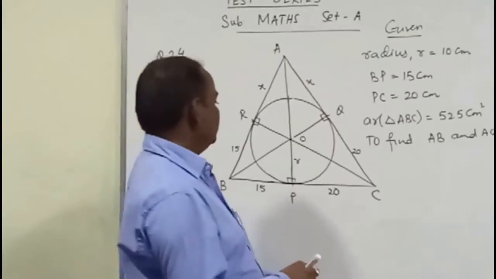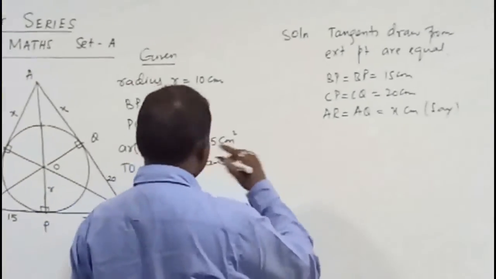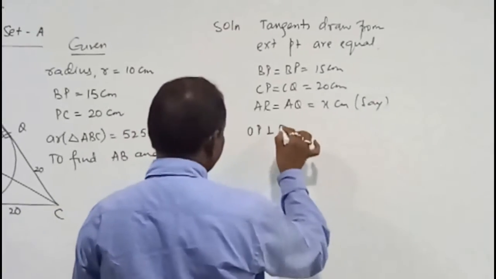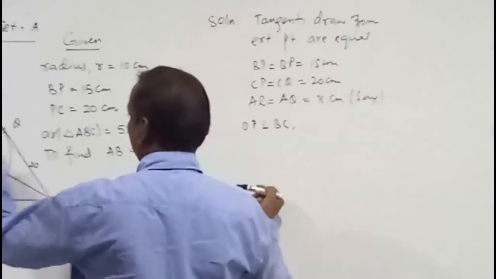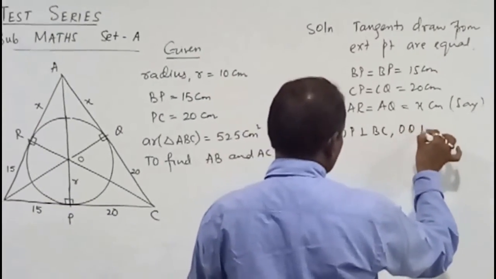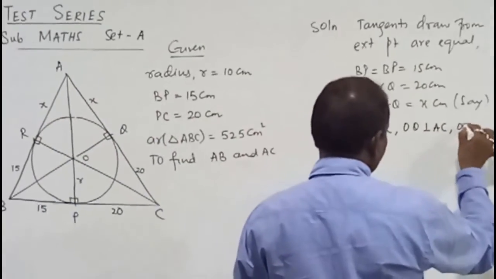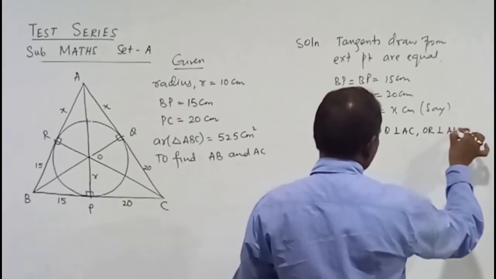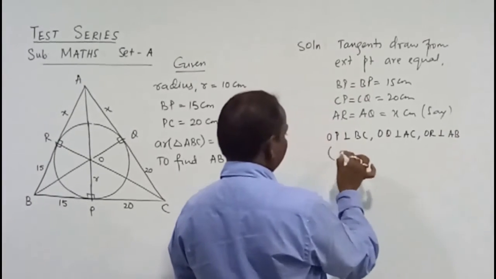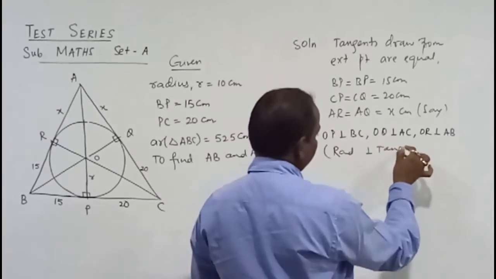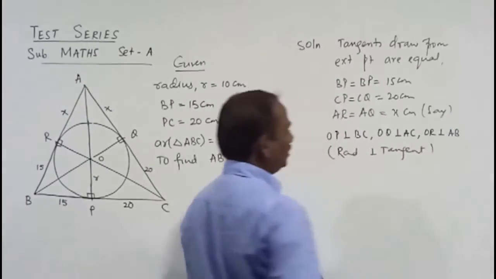So let's proceed. I will say first of all that OP is perpendicular to BC, then OQ is perpendicular to AC, and OR is perpendicular to AB, and for all of them the reason will be radius is perpendicular to tangent at the point of contact.